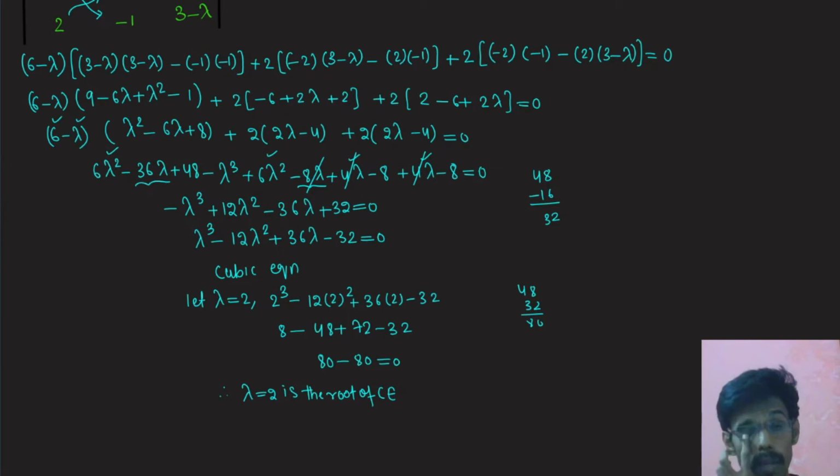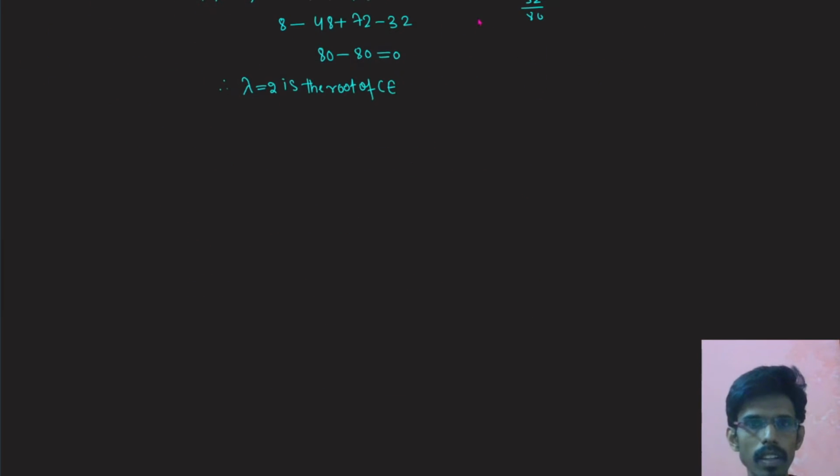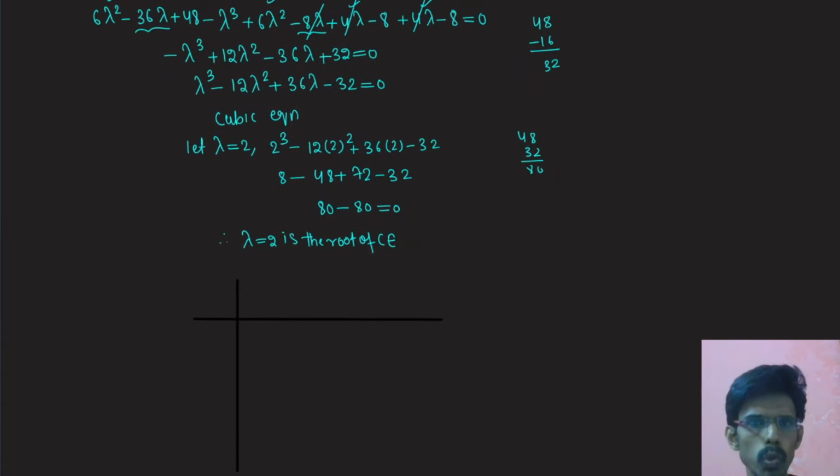The other 2 roots can be obtained by synthetic division. To do so, take the coefficients of the cubic equation. Lambda cube coefficient is 1, lambda square coefficient is minus 12, lambda coefficient is 36, constant is minus 32.